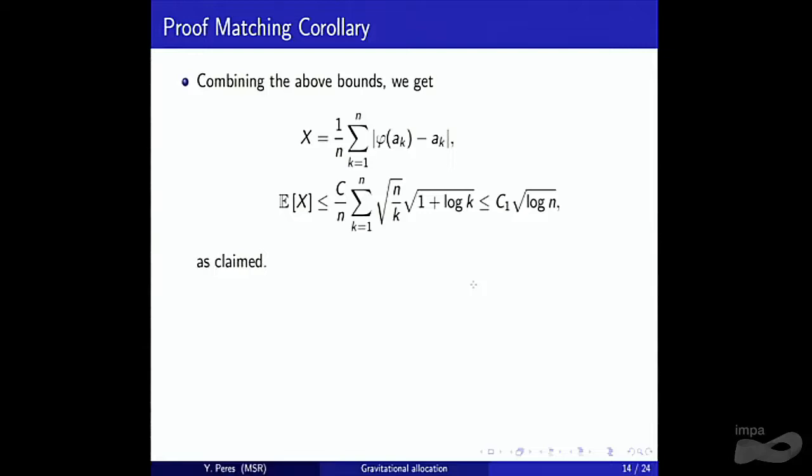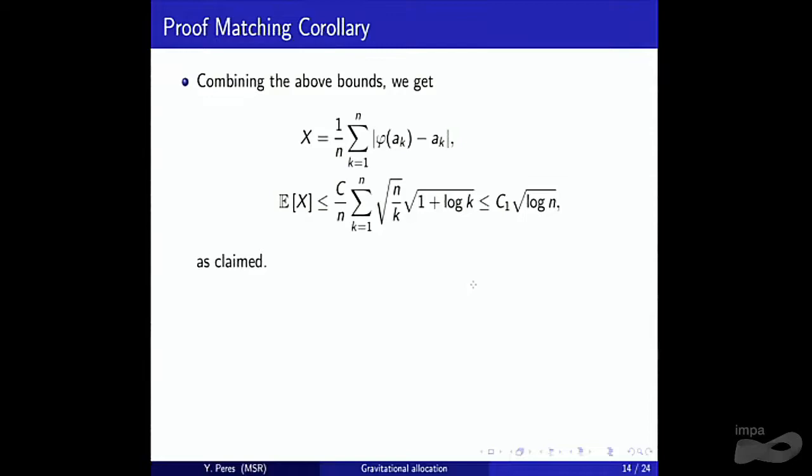I just put the 1 here to take care of the case where k equals 1, but we'll basically get root log k, multiplied by a scaling factor root n over k, because we have k points on a sphere of area n. The root log k is for a sphere of area k, so you have to scale.